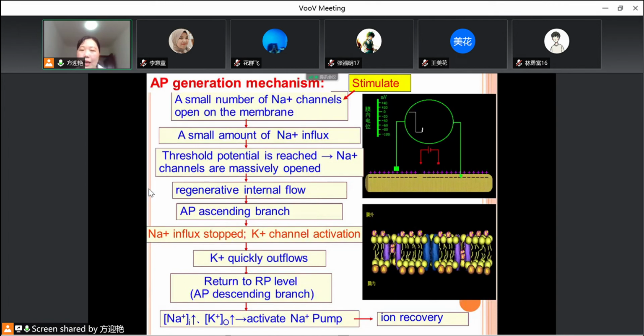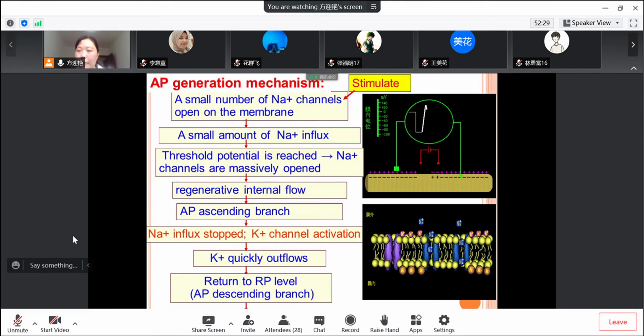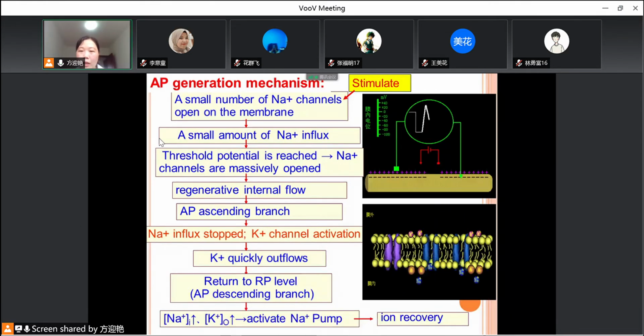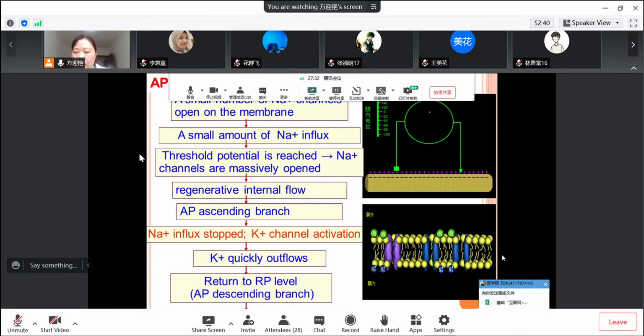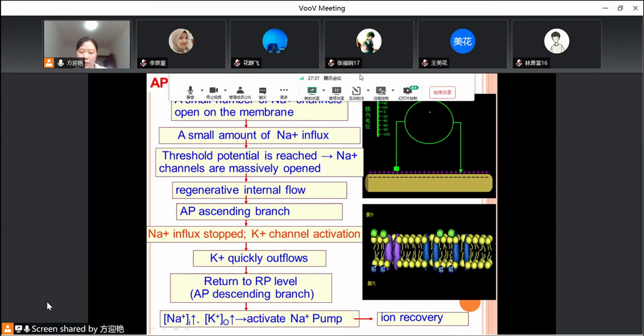During action potential generation, which ions are the key ions?